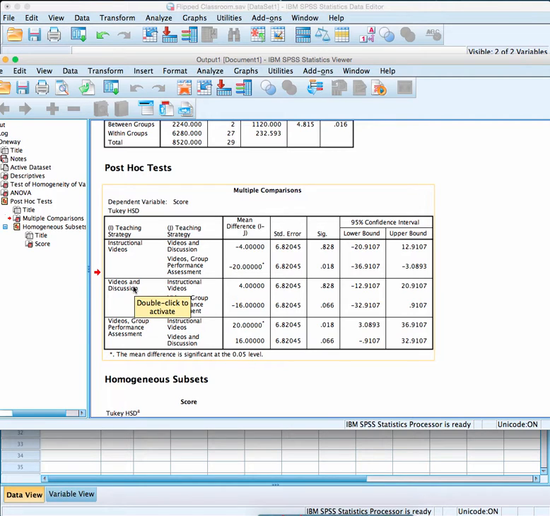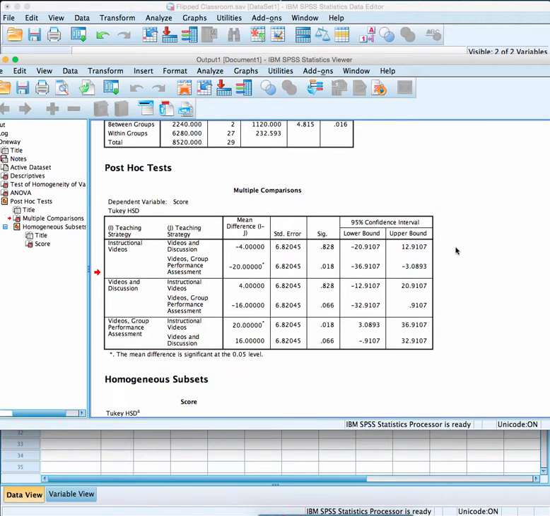Then the next set of comparisons, this one is a duplicate. It's the same as this one here, but then the videos and discussion compared to videos and group performance assessment, there's a 16-point difference, and that difference is significant. And then these comparisons are redundant.